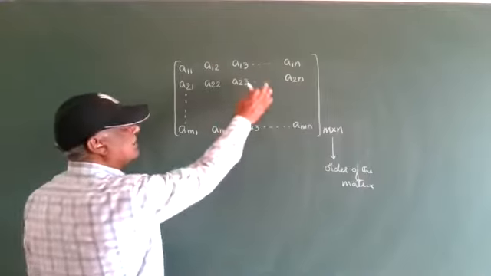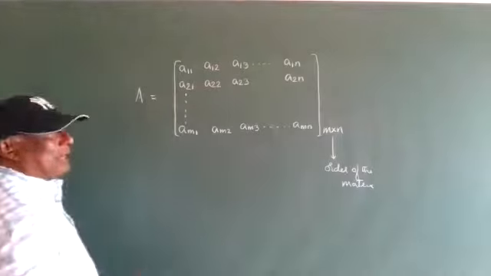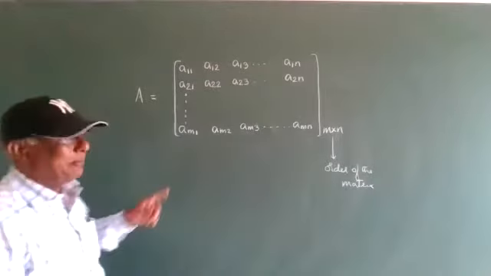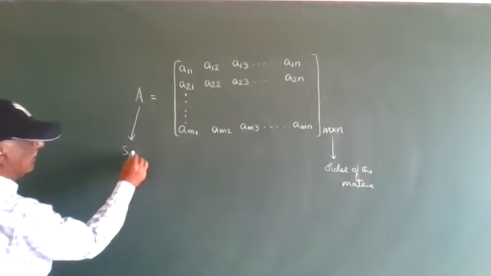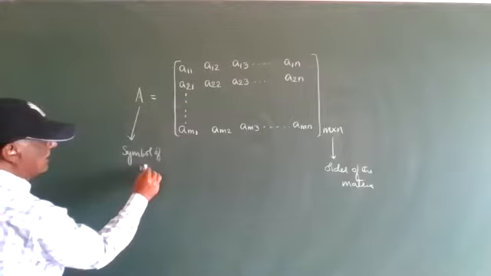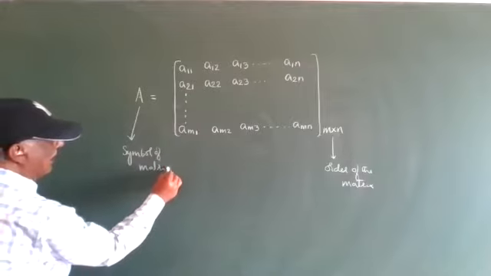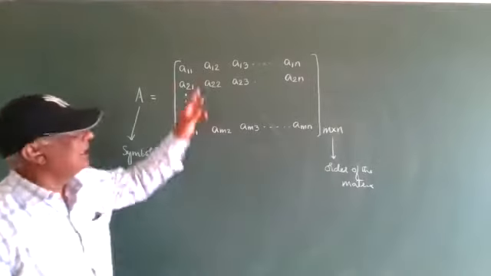This matrix is represented by a capital letter symbol. So capital A is the symbol of the matrix. Matrix symbols are represented by capital letters.